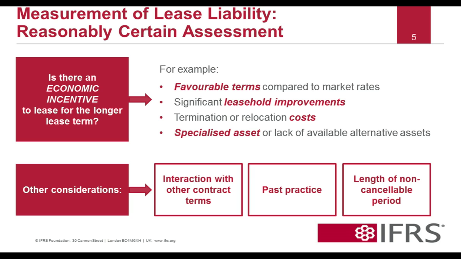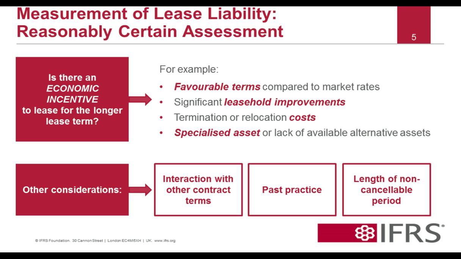Some of these are fairly straightforward, and if these circumstances exist, then it's likely that the lessee will be reasonably certain to take a longer lease term. So, for example, if the lease has favourable terms compared to market, say lower than market rents during the optional period, then that would create an economic incentive for a lessee to want to extend the lease.